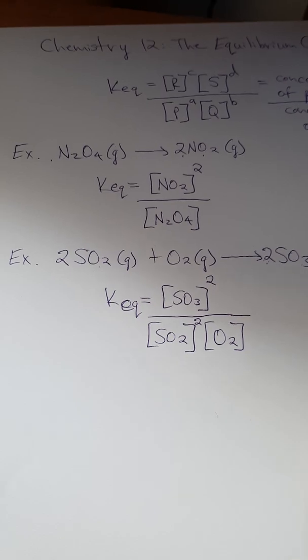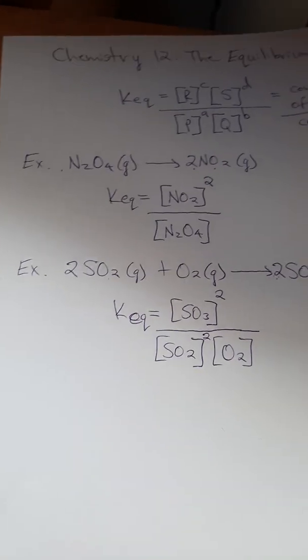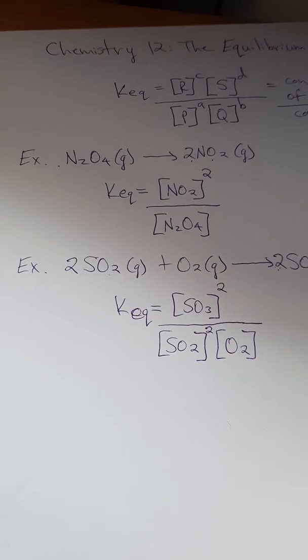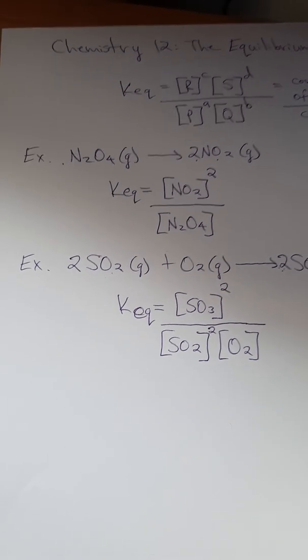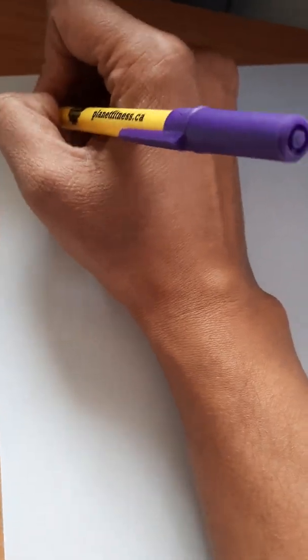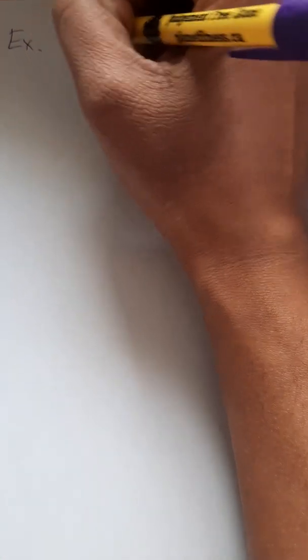It looks good. Now we're going to try an example where you're actually plugging in some values into the equilibrium constant. Let's take a look at this. I'm going to put example here. Let me read out the question first. A mixture of nitrogen and chlorine gas was kept at a certain temperature in a 5-liter flask here.